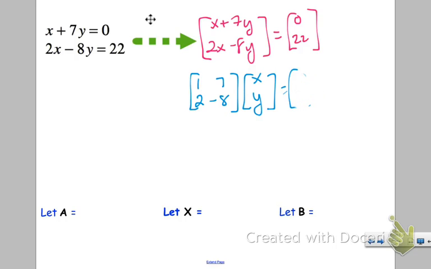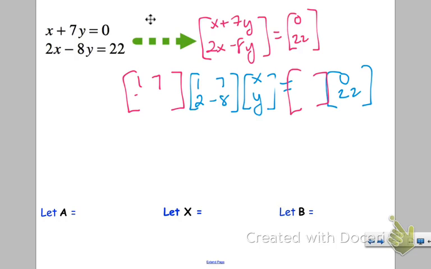So actually I'm going to give myself a little space here because of the next step I'm going to show you. So if we were to multiply those, that would give us 0, 22. But we want to find x and y. So what we're going to do is multiply by the inverse matrix of this. So whatever the inverse to this matrix is, that's what we're going to multiply by.